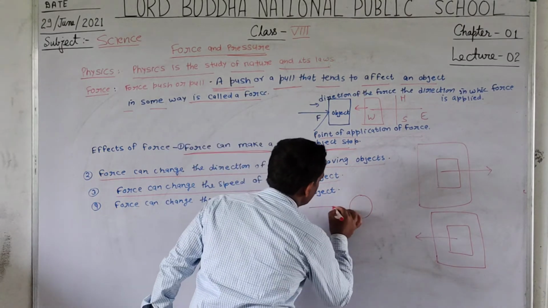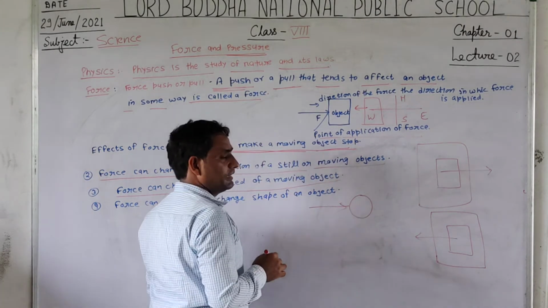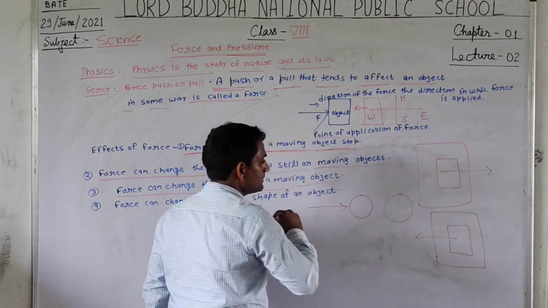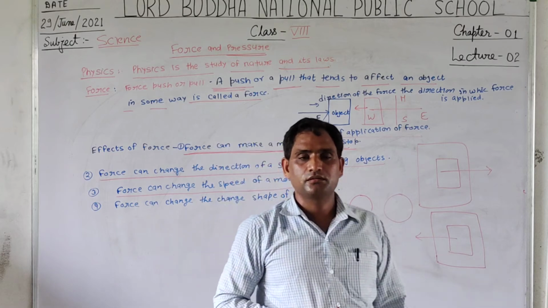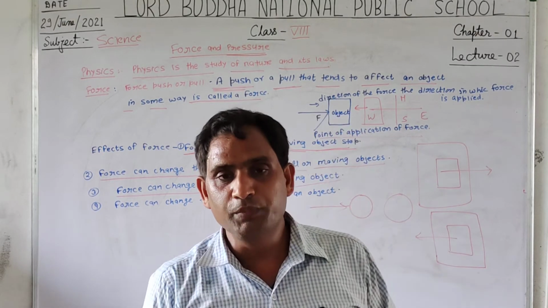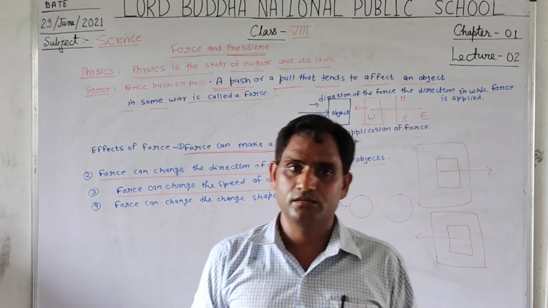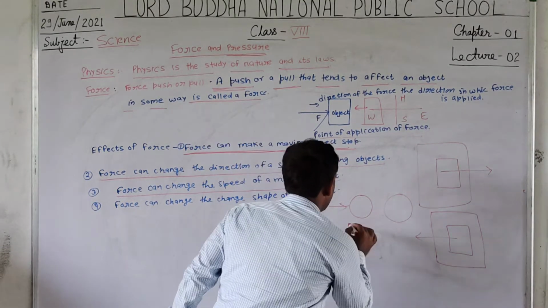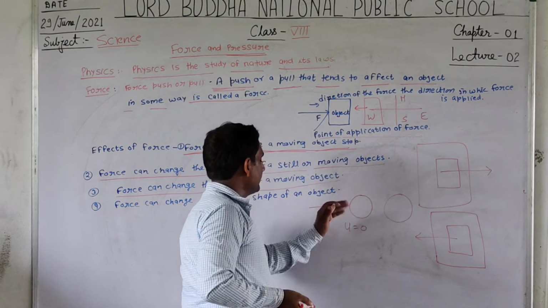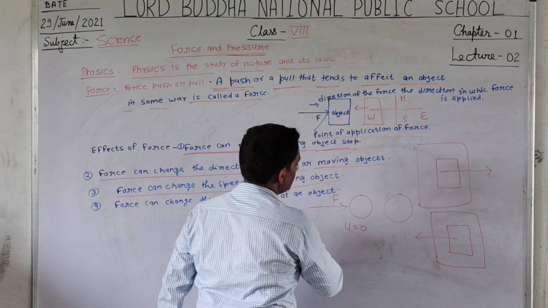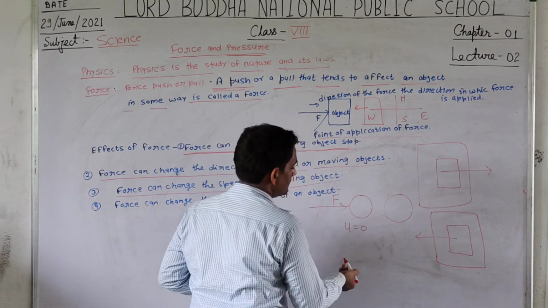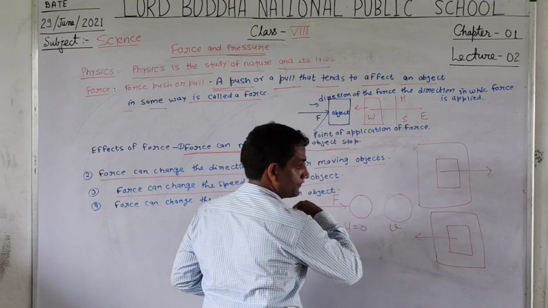When we hit it with our legs, it comes into motion. Hence, a force can change the speed of the object. At rest, the speed is 0. When we apply a force on this stone, its speed changes and becomes 2v.